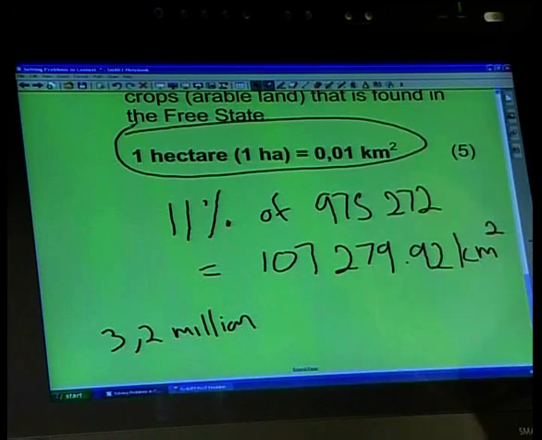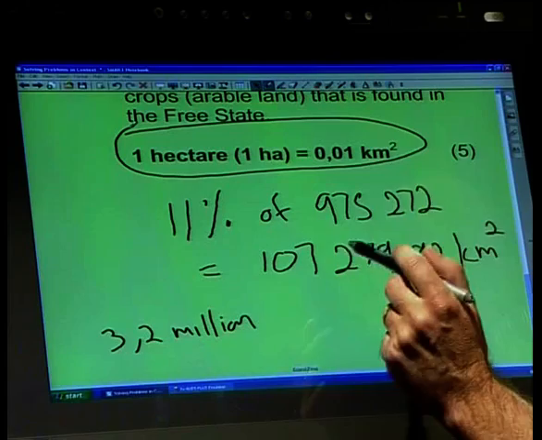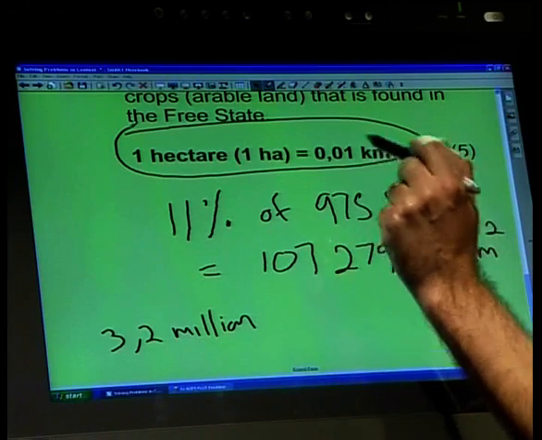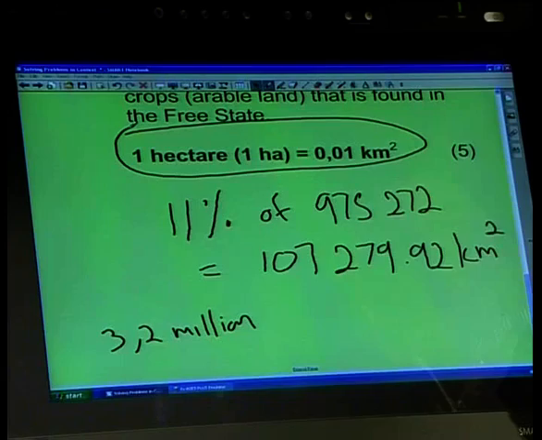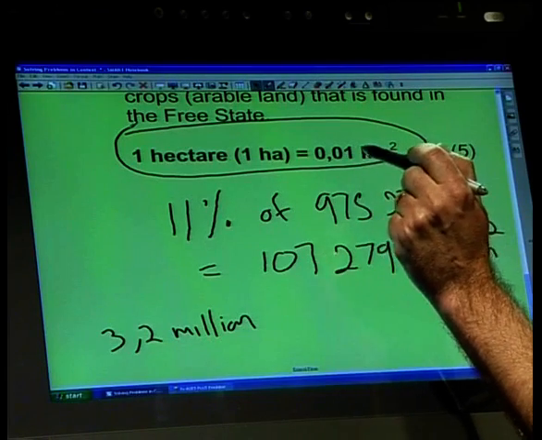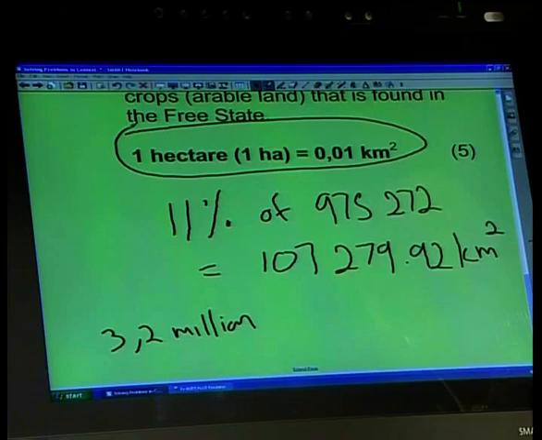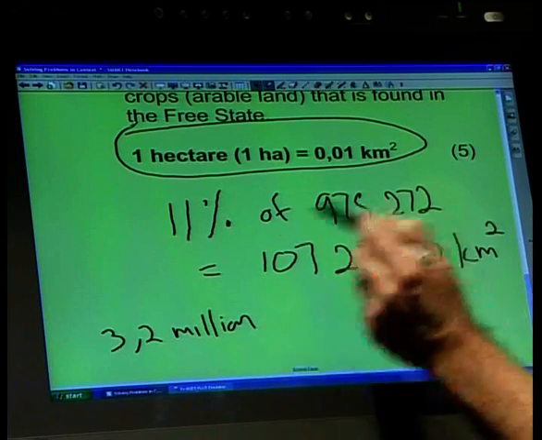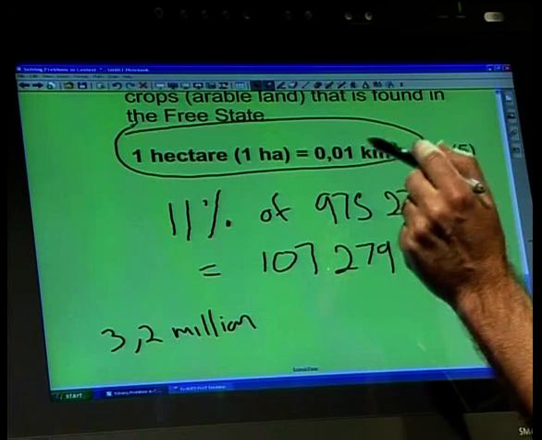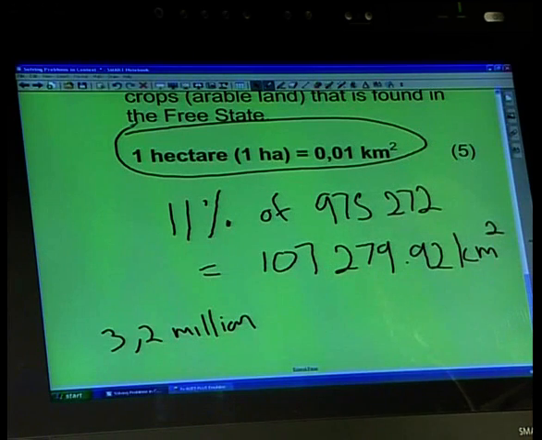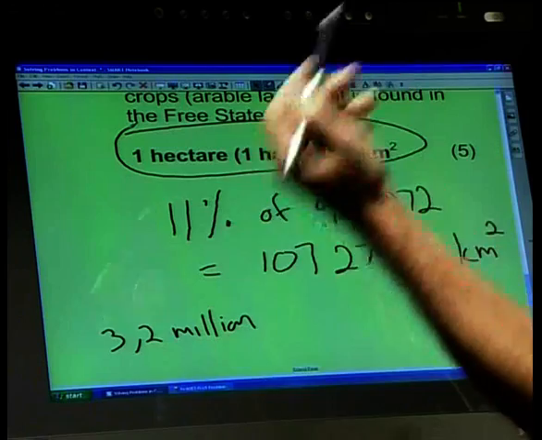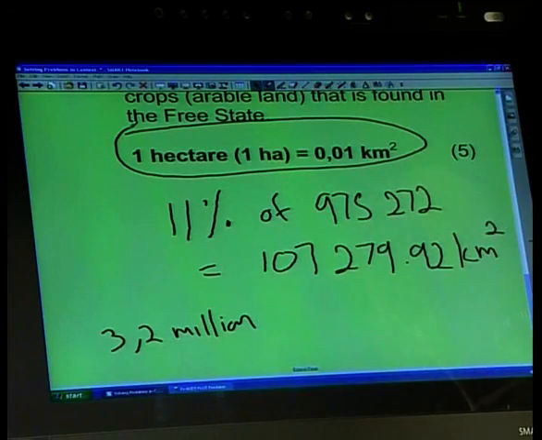I'm going to convert our kilometers squared into hectares. Notice, kilometers squared is a smaller unit than hectares. That's 0.01, whereas this is 1. So to turn this figure into hectares, I'm going to have to divide by the 0.01, which will give me a bigger answer for hectares.